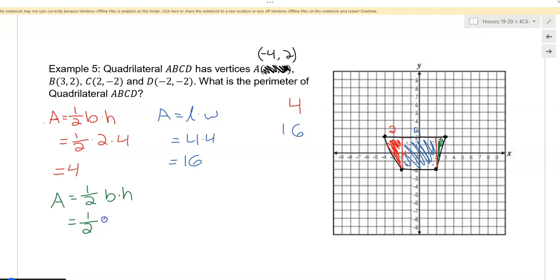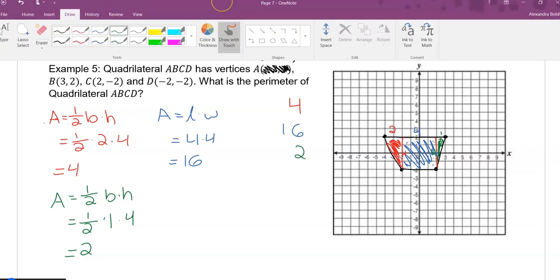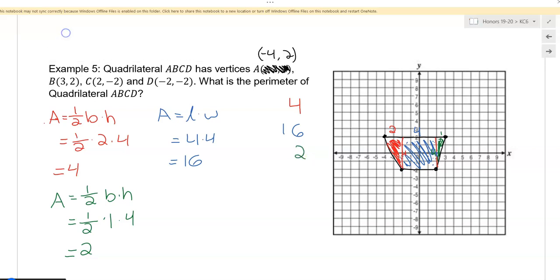Our base is 1, and our height is 4. We get 2. Adding those all up, 4 plus 16 is 20, 20 plus 2 is 22.